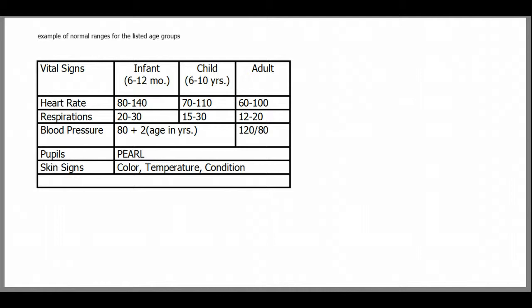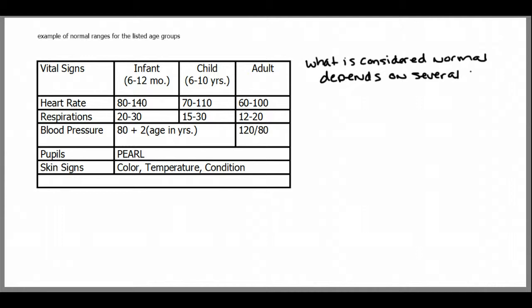Here I have a brief chart that gives some examples of normal ranges for the listed age groups. So, what is considered normal depends on several factors, including the patient's age, the patient's health, and the circumstance that the patient is in.